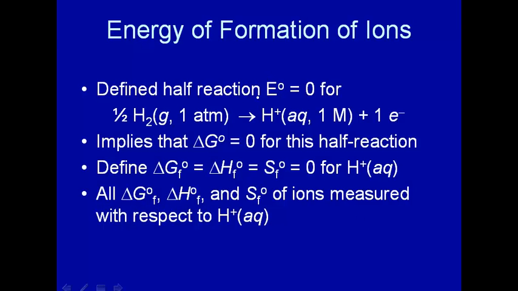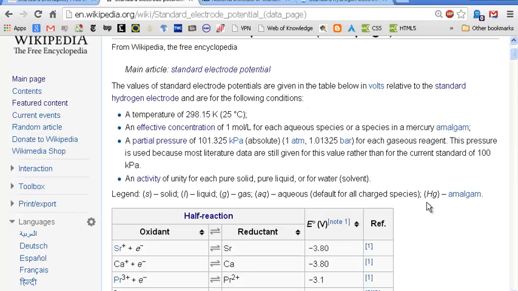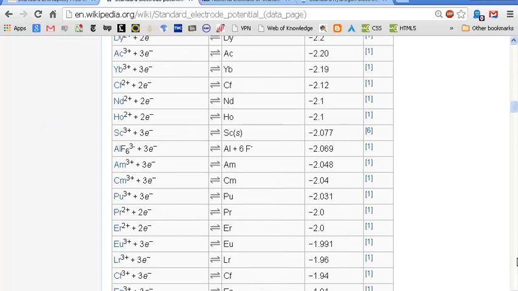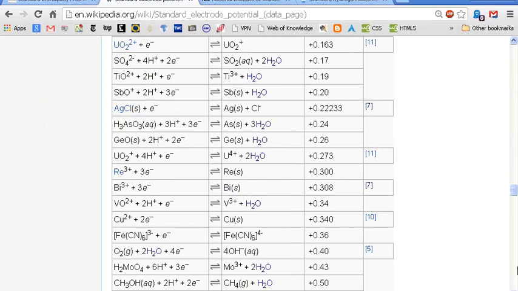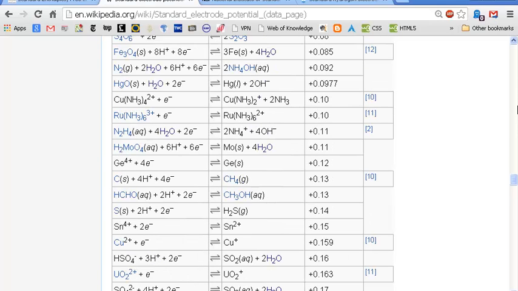And for electrochemical reactions, remember, we had reduction half reactions. We said that we're going to define this reduction half reaction with standard conditions to be 0. So if we look at standard electrode potentials, we'll find the one that's 0. My computer's a little slow today.